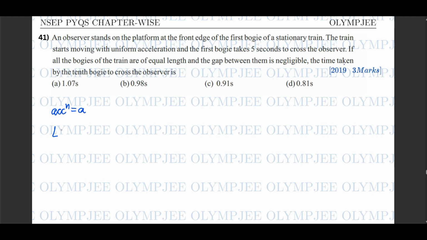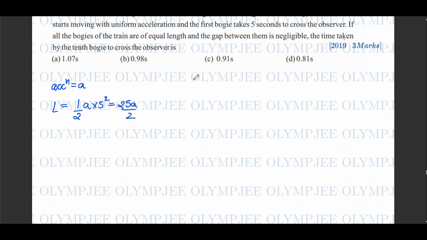So assume the length of the bogie to be L. So it will be S is equal to ut plus half at square, and since u is 0, it will become half into a into 5 square, which is 25a by 2. Now the time taken by 10 bogies, not the 10th bogie.